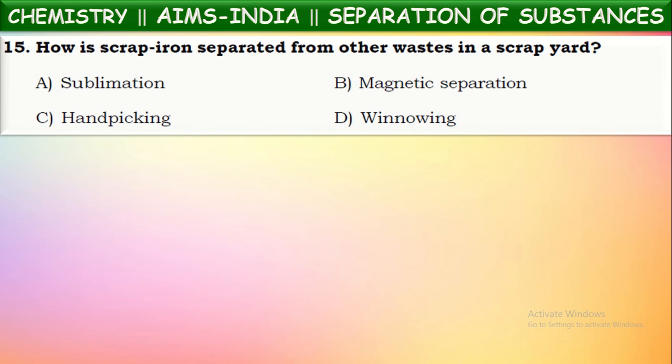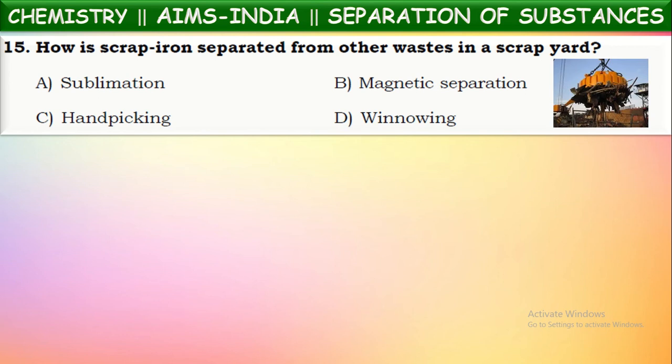Next, how is scrap iron separated from other waste in a scrap yard? Yes, in the scrap yard, the iron scrap is separated from the other waste by using big magnets. If the magnet is dipped in the scrap yard, then all magnetic and iron scrap will stick to that magnet. So they will be separated from the other scrap in this way.